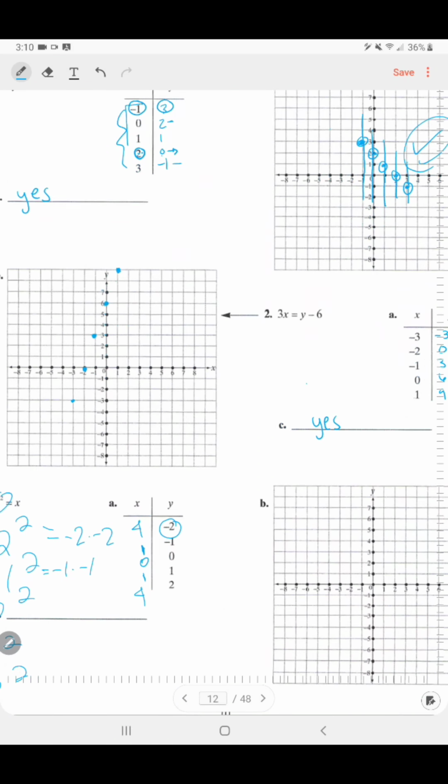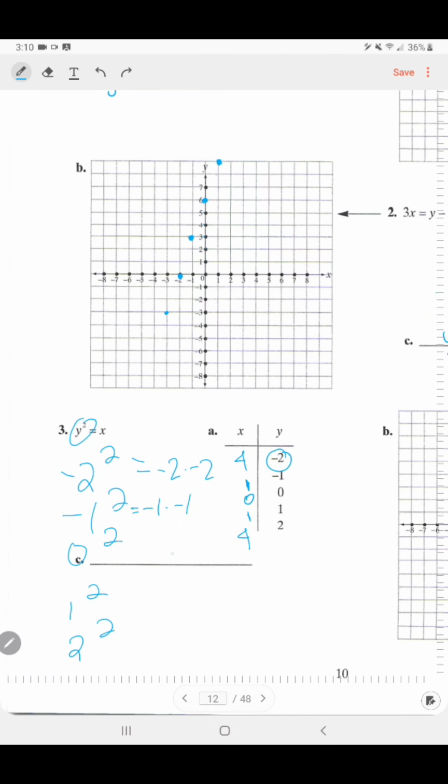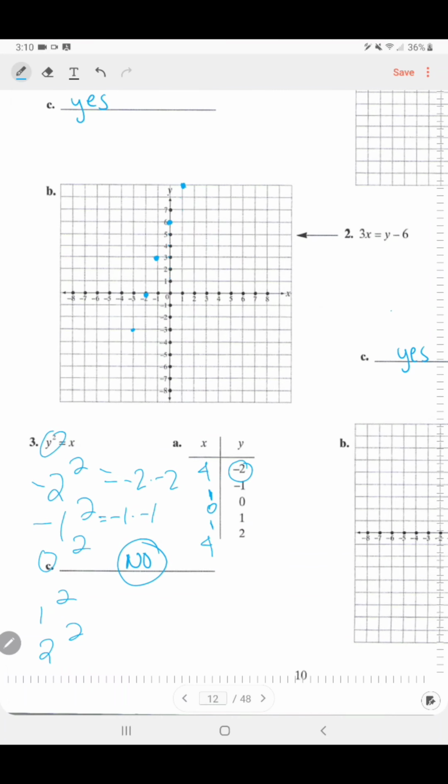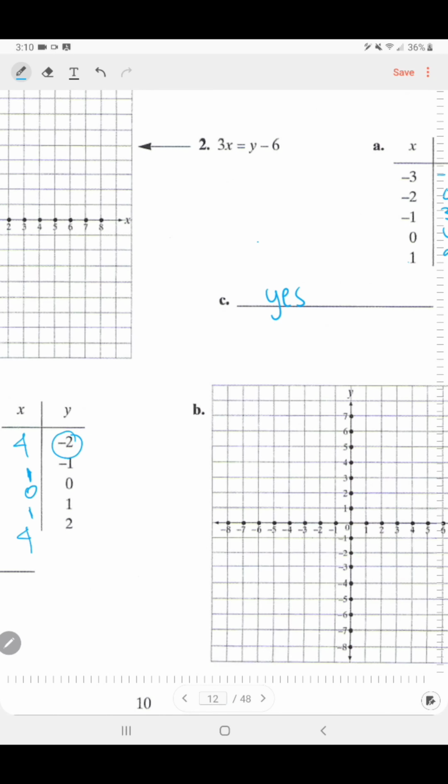So we've got some repeating numbers here. So this is not a function. And then if we graph, we've got 4 and negative 2. So 4, negative 2. We've got positive 1 and negative 1. 0, 0. 1, positive 1.